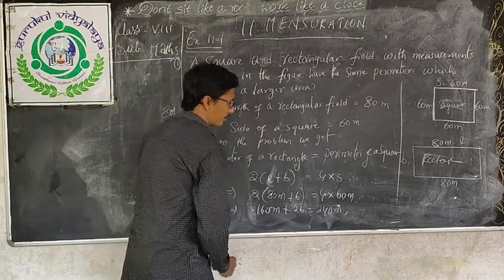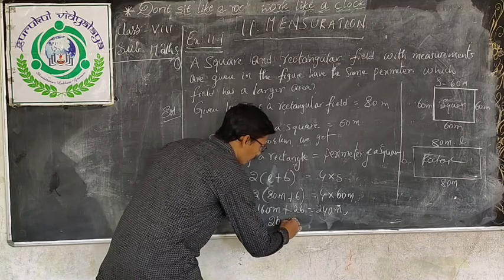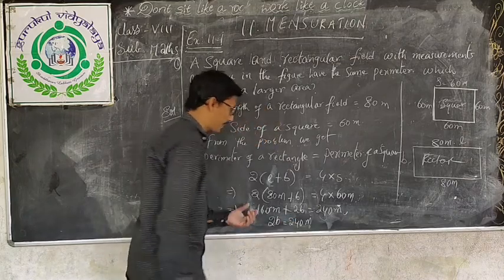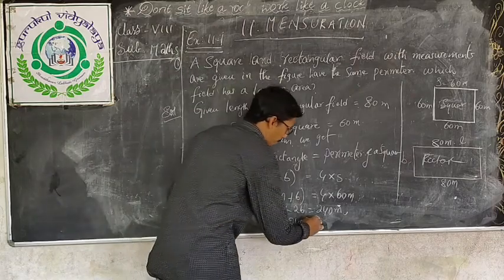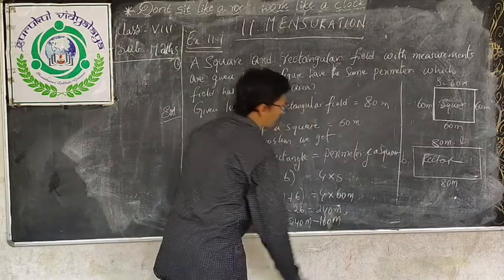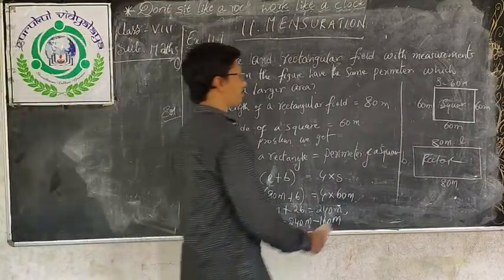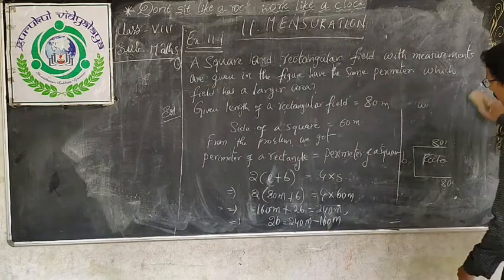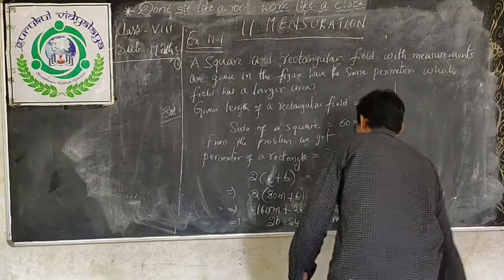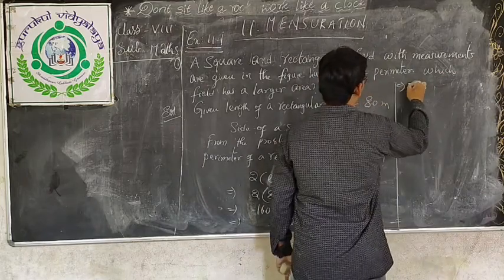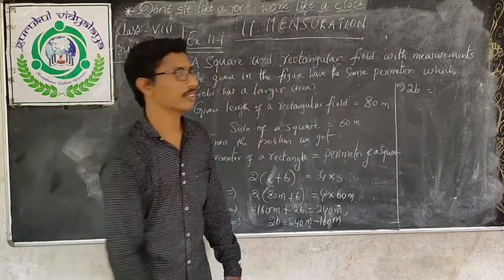So that implies 2B is equal to 240 meters, and bringing this LHS 160 meters to RHS, that means minus 160 meters. That implies 2B is equal to 240 minus 160, how much children?